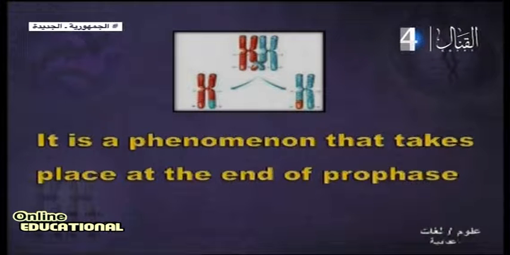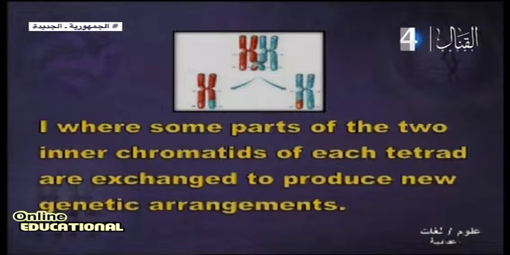So, it's the phenomenon that takes place at the end of prophase 1, where some parts of the two inner chromatids of each tetrad are exchanged. Why? To produce new genetic arrangement. Here we can see we have new genetic arrangement in this chromosome and in this chromosome. A little change in the genetic material.